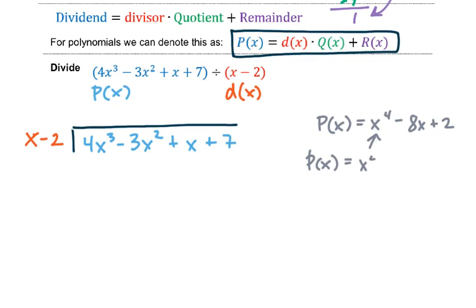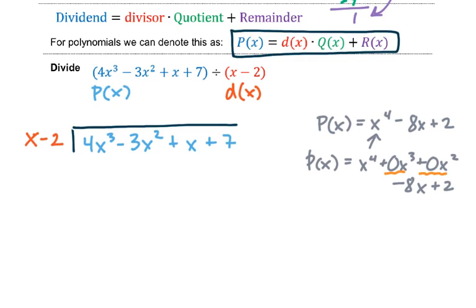Okay, so that would be x to the fourth plus 0x cubed plus 0x squared minus 8x plus 2. And I just wanted to point that out. And we'll get more into that as we move through the section. But if you are missing a term, an x cubed, or any term, writing that in descending order, if you're doing long division or moving ahead synthetic division, we need to remember to use a placeholder.